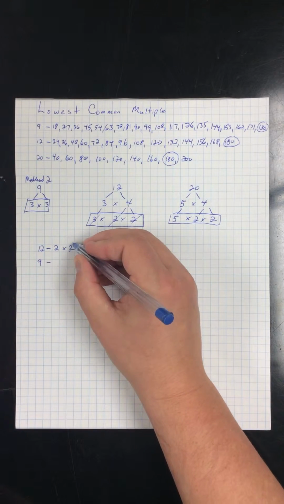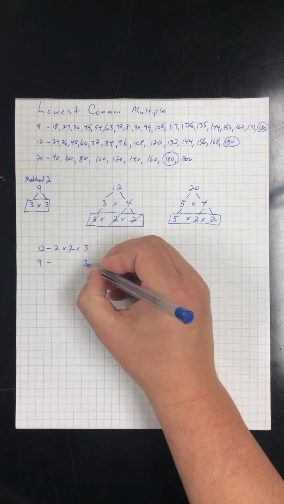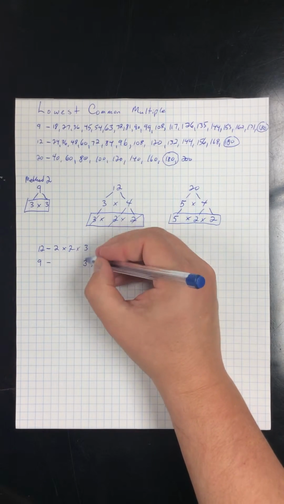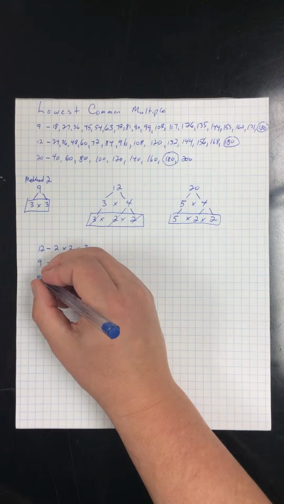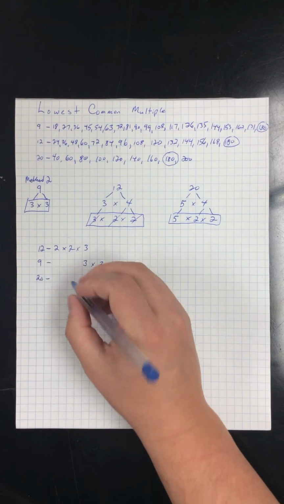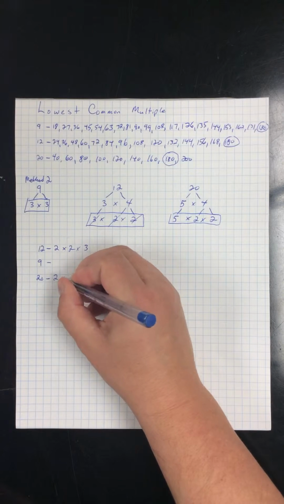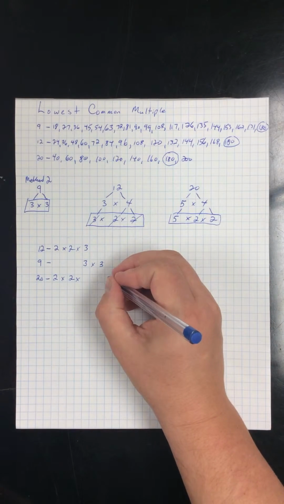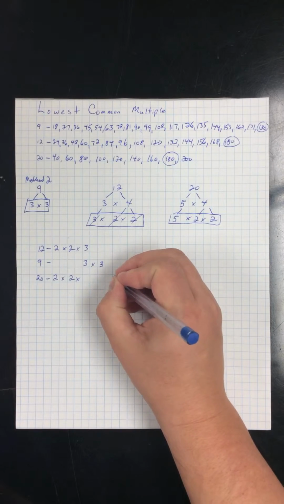So I have no 2s. I'm going to leave that blank. No more 2s. I do have a 3 times 3. Okay, so I'll line those ones up. That's important. And for 20, factors were 2 times 2 times, I have to go all the way across to start a new row, 5.